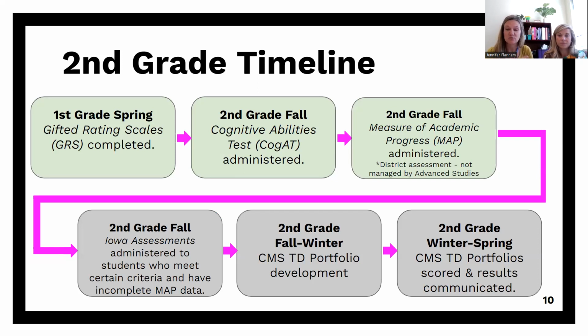Between fall and winter, we will look at the different scores that we have and we will determine who needs a portfolio opportunity. And then in the winter and spring of this year, we will score the portfolios and we will communicate the results.